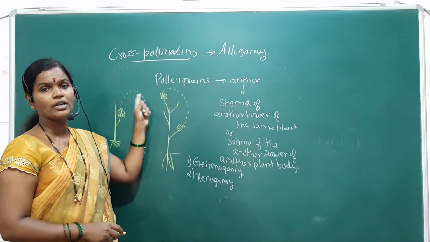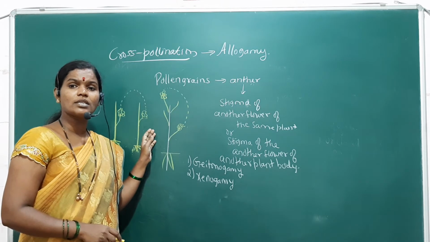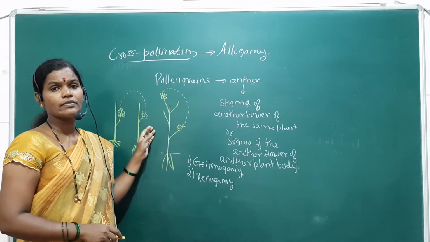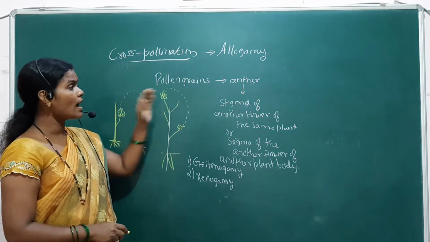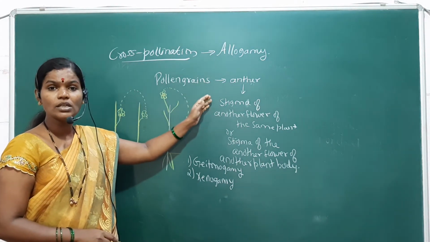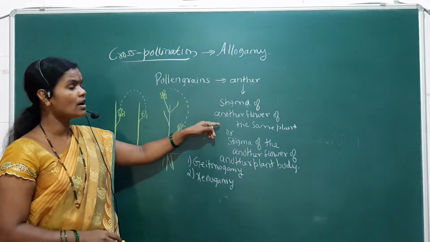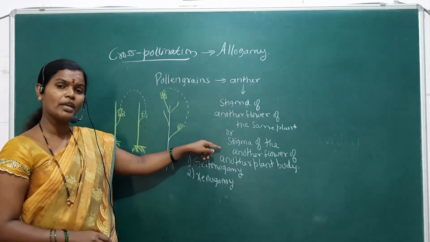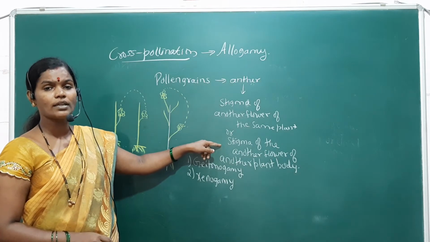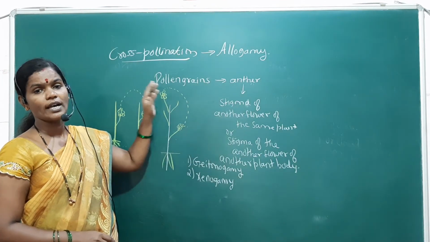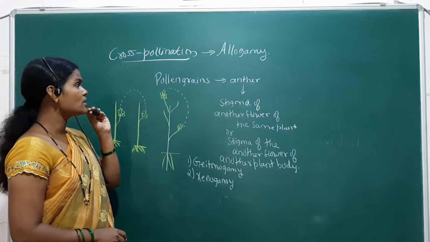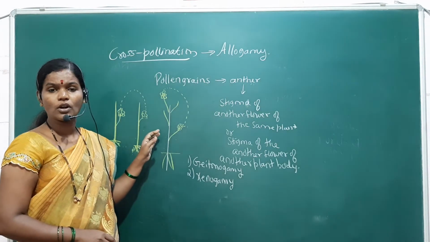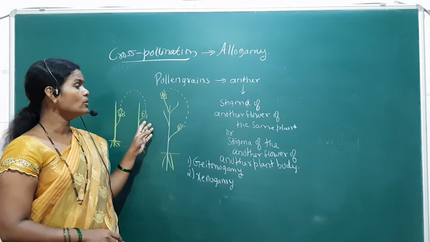Once again I will repeat, concentrate here. Cross-pollination can be defined as the process where there is a transfer of the pollen grains from the anther of the flower to the stigma of another flower of the same plant body, or another flower of another plant body. That is called cross-pollination, and it is also called allogamy.